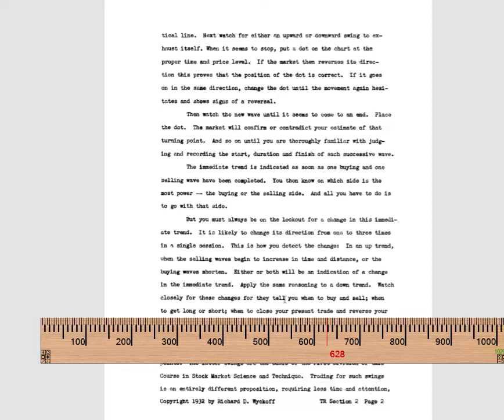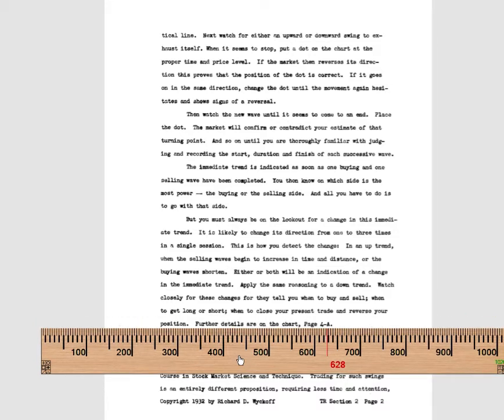Change in what trend? The immediate trend. When do you go long or short? When to close your present trade and reverse your position? When there's a change in the immediate trend. When do you buy or sell? When there's a change in immediate trend.